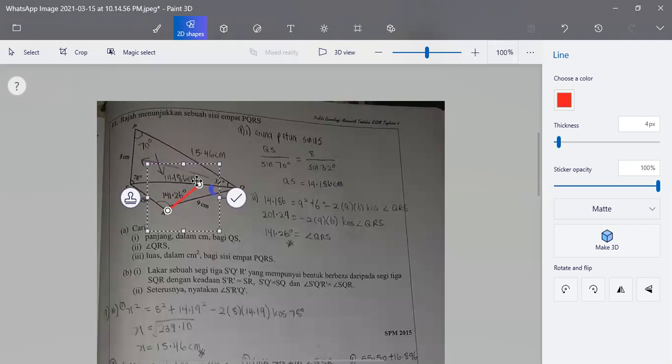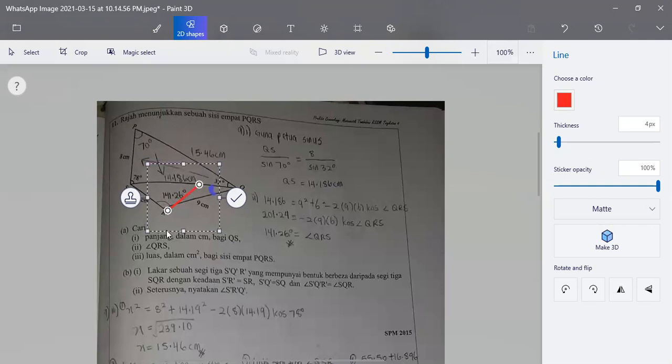The condition is I have to meet the condition given in the triangle, which is that SR has to be 6. So let's say I move it to be over here, and it remains 6 cm.